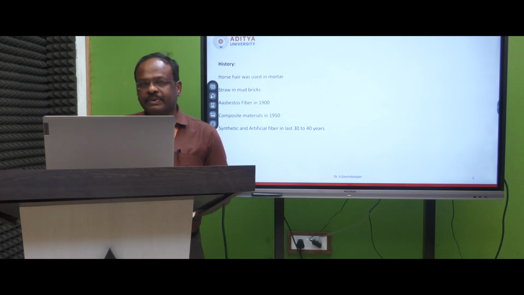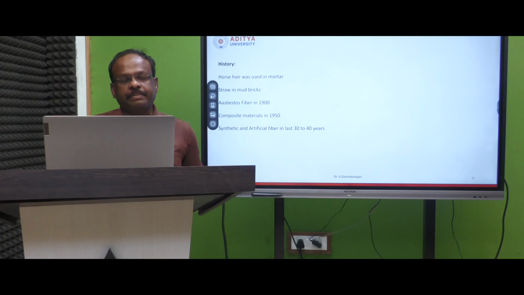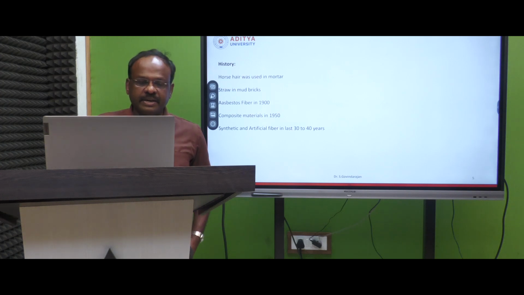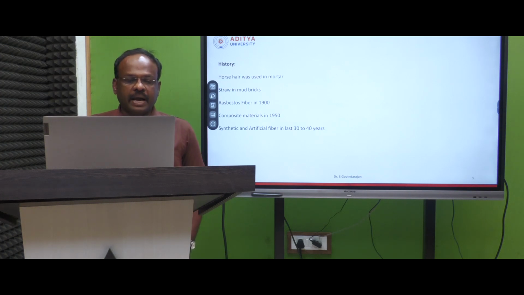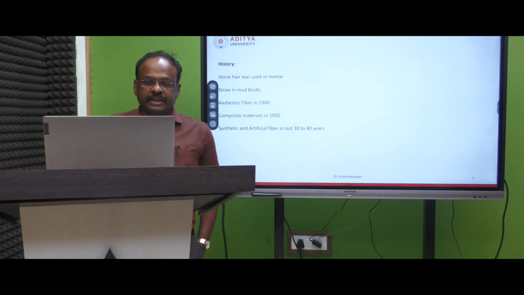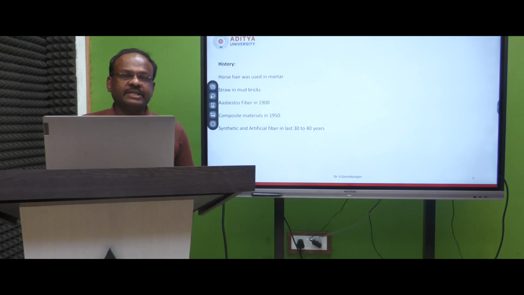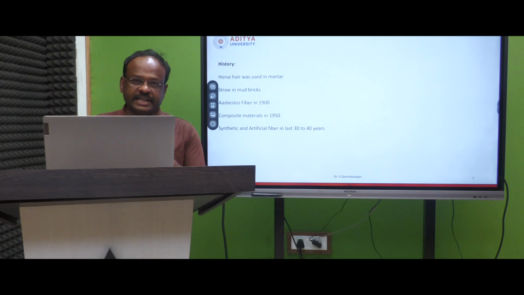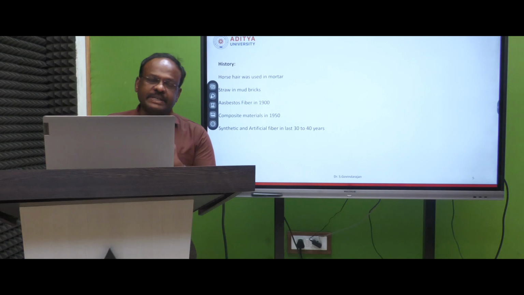And another one is mud bricks. In mud bricks also they used straw, which is also a natural one. And later, in the 1900s, they used asbestos fibers also. And in 1950 came composite materials. A composite material is one made from 2 or more materials.